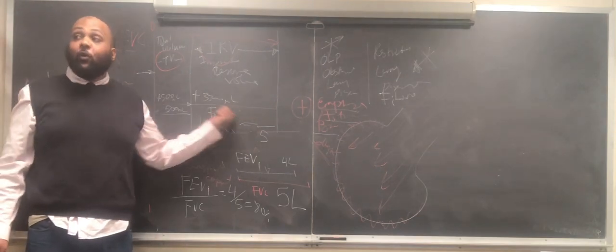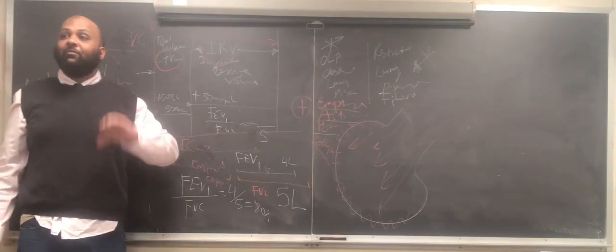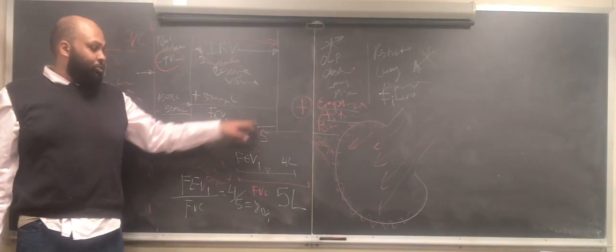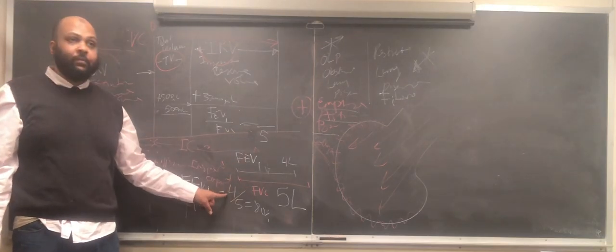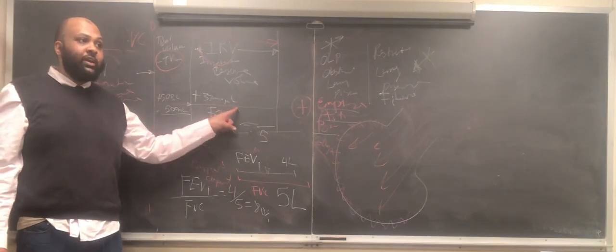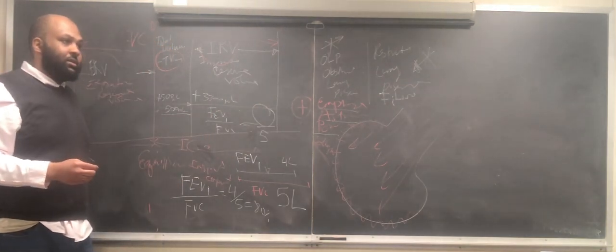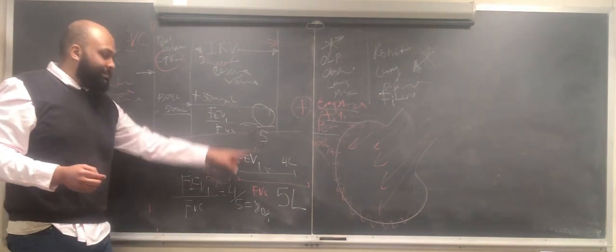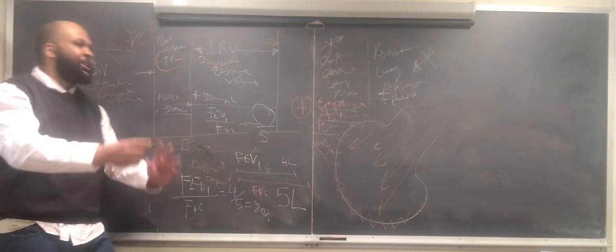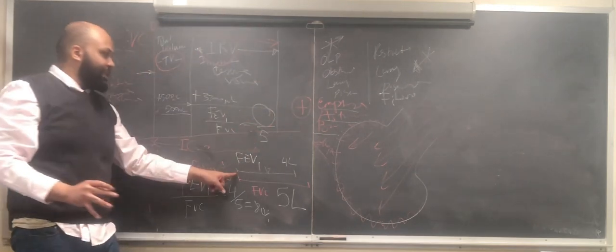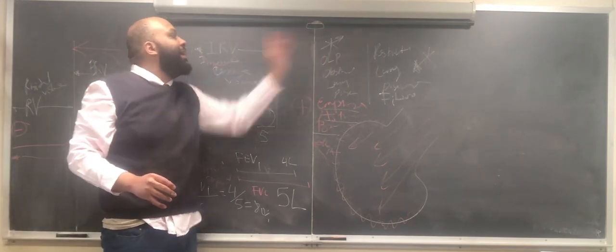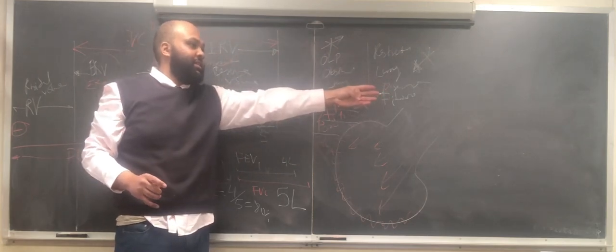Will I have 4 in the numerator like a healthy person? No, I will not have 4 because I'm not healthy. If I have 4, that means I expired out 4 because I'm healthy. But he has a problem getting air out in obstructive lung disease.